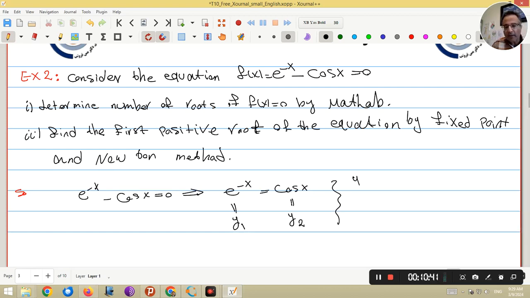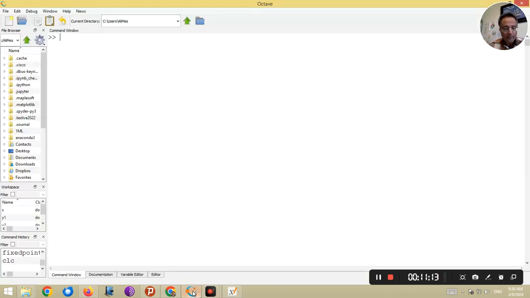So, in fact, we have to plot y1 equal to e to the power of minus x and y2 equal to cosine of x in an arbitrary interval, for example in the interval -1 to 5. Okay, when we plot these two functions in the same coordinates, in fact the intersections of the curves are the number of roots. Let me show you here.